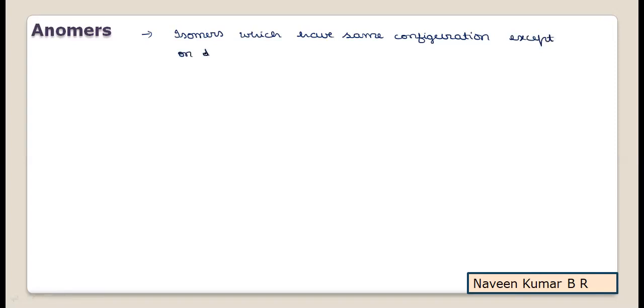Now we'll learn what anomers are. We already learned it, so now we'll just specify it. Anomers are the isomeric compounds which have the same configuration except on the anomeric carbon or functional carbon.